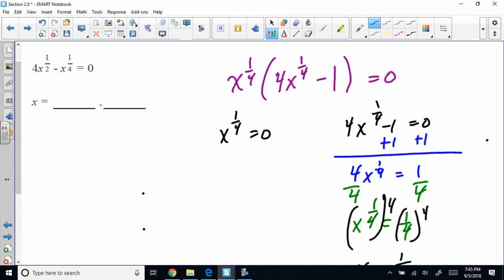What's 4 to the 4th? 256, right? And that would be x squared, right? Equals, what's this? X, right? That has to be x squared here, right?